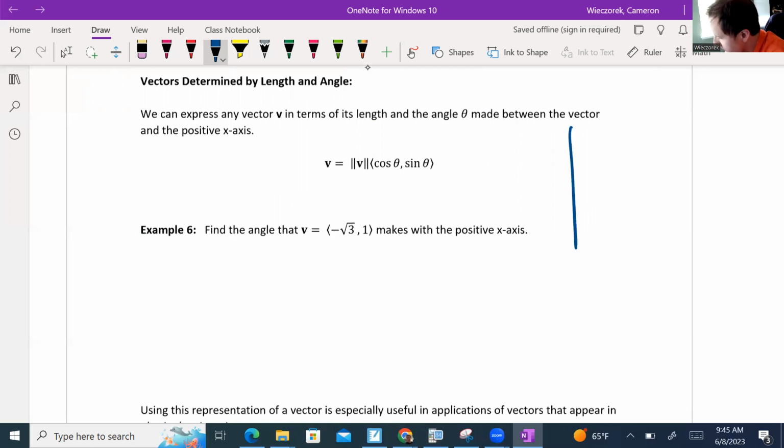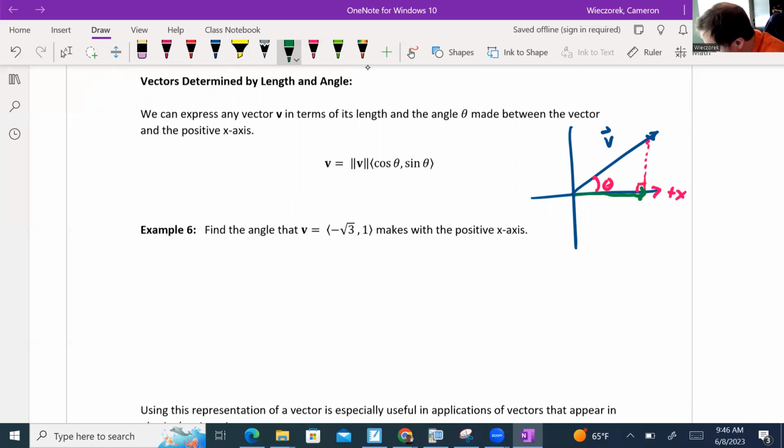If I have a vector v and I want to express its components, well, if I look at this angle between the positive x-axis, which I'm going to call theta, and my vector, I can decompose this into a right triangle, and I can look at the components of that vector.